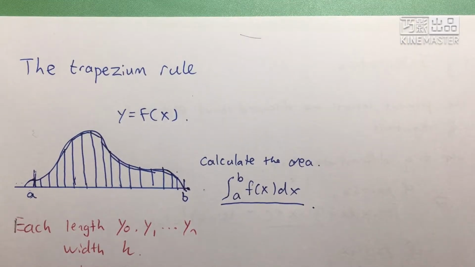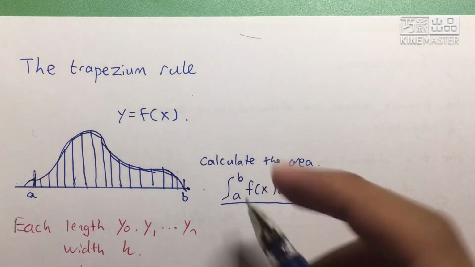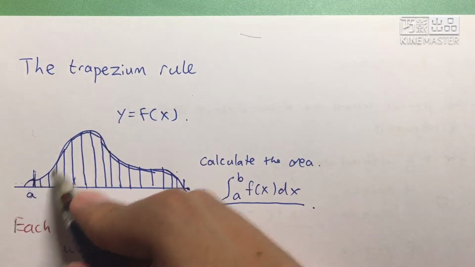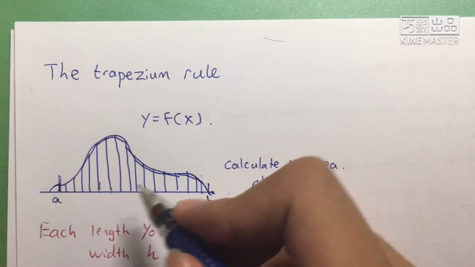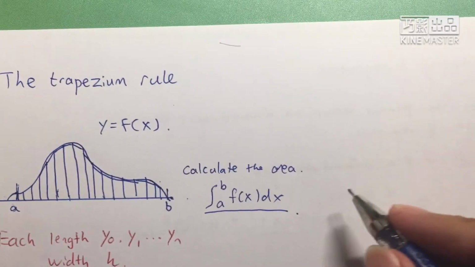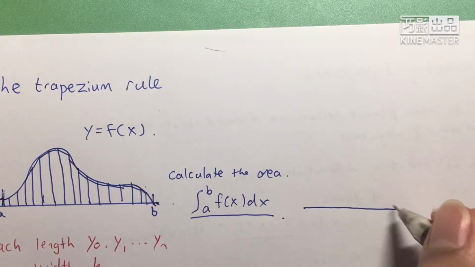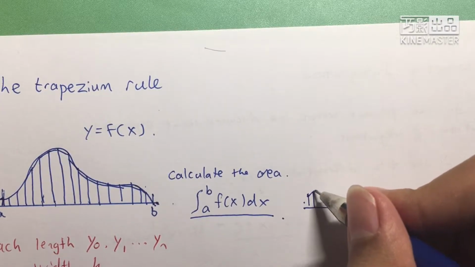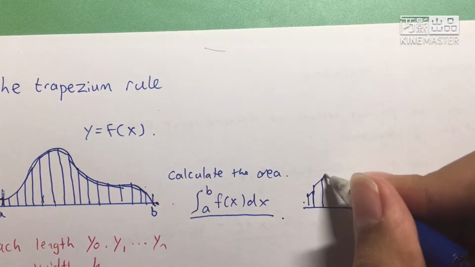However, do we have another way to estimate the value of this? Yes, we can. Here it's a curve, and we can assume that there are lots of trapeziums inside.